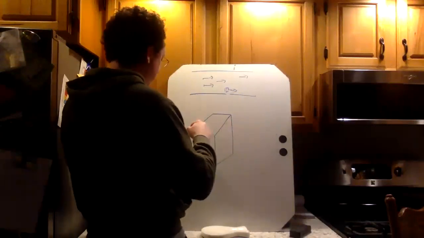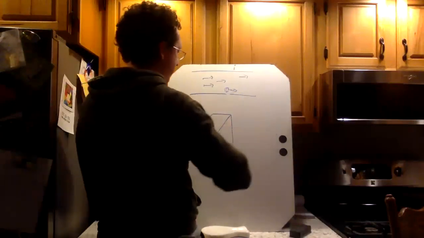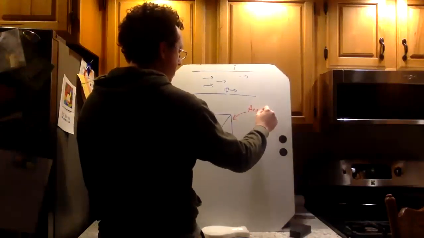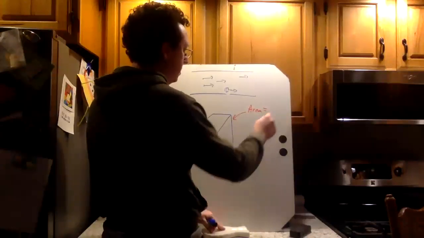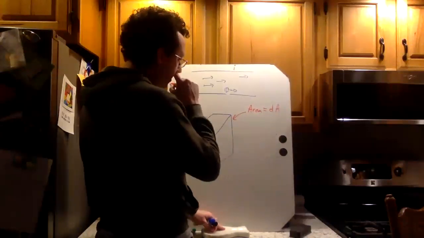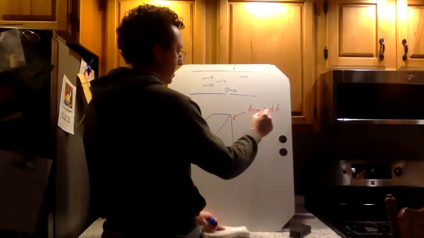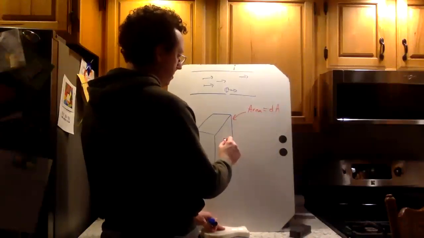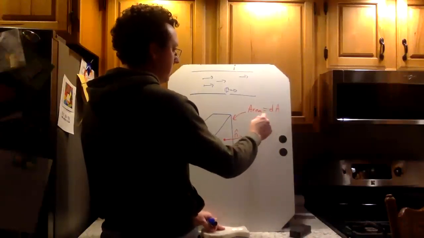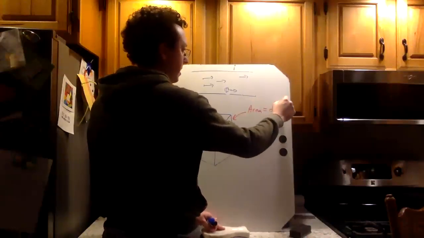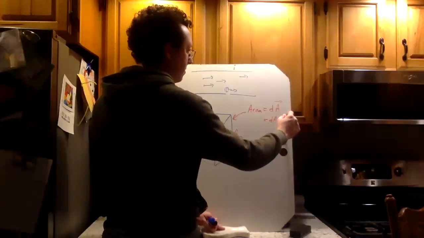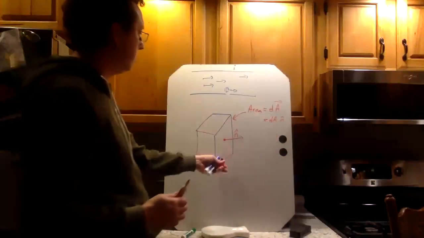I'm going to assume the area of this is infinitesimal, so I'll call it dA. And if I'm being careful, I should have a normal vector, so there's a vector differential dA vector, which is dA times the unit vector n. That's the area differential of the surface.